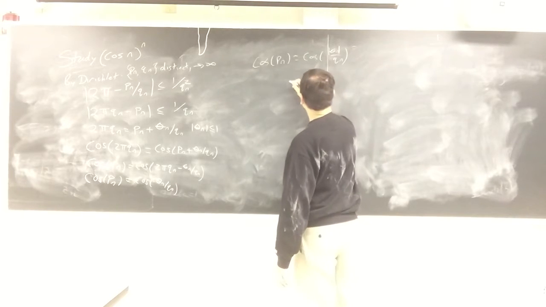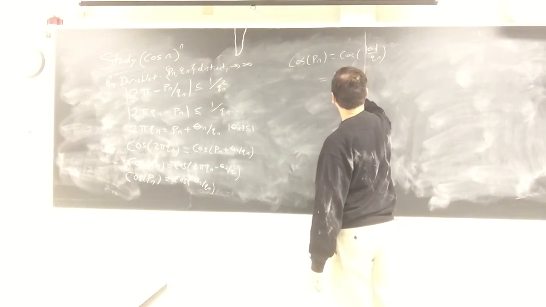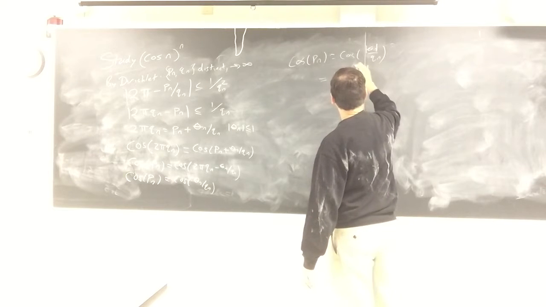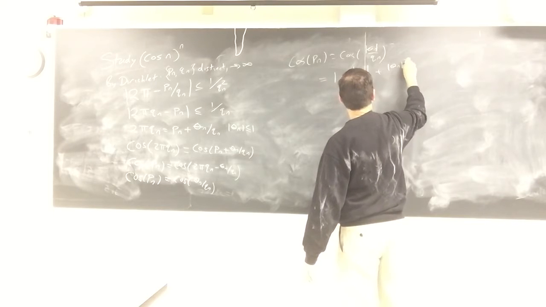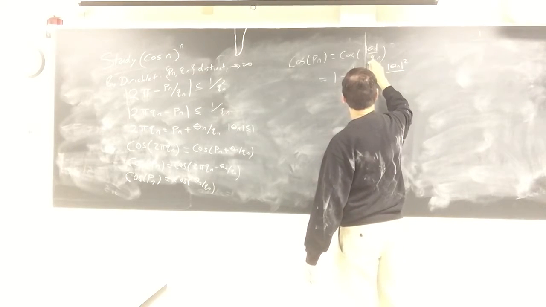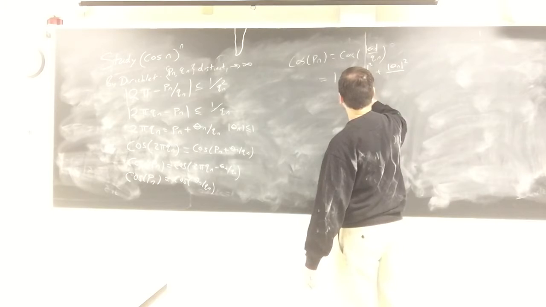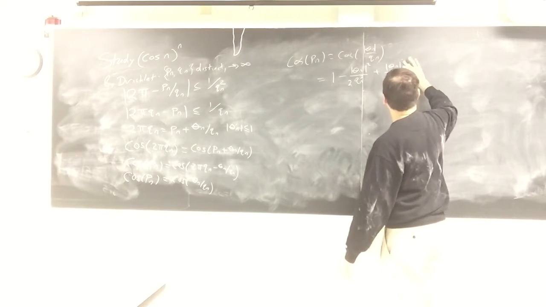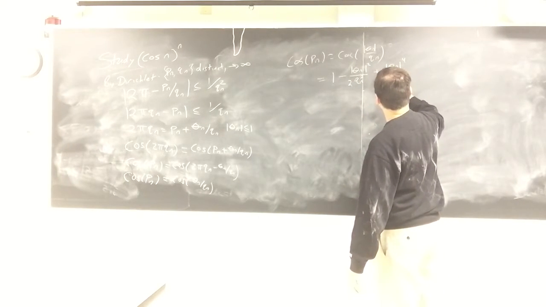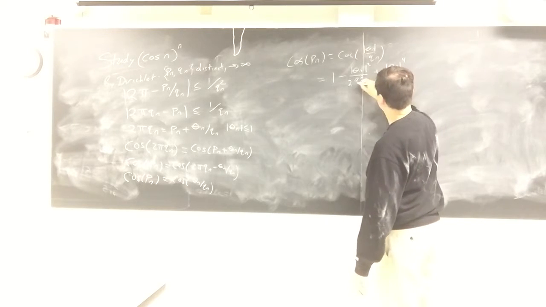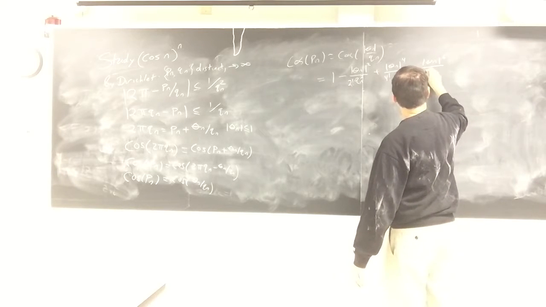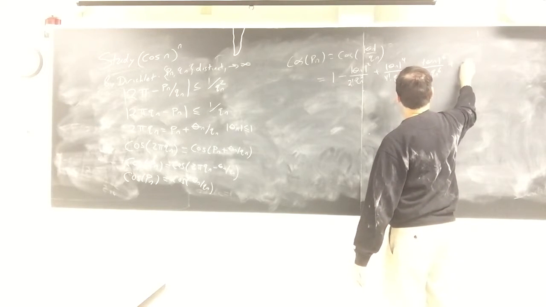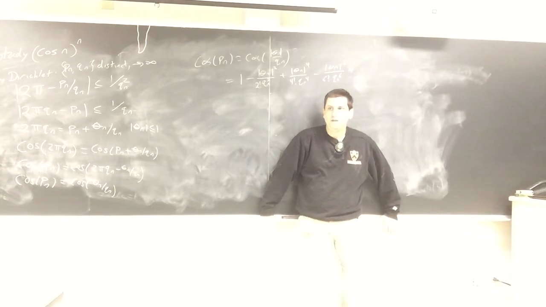And so now, let's just Taylor expand. It's 1 minus |theta n|squared over 2 factorial qn squared, plus theta n to the 4th over 4 factorial qn to the 4th, minus theta n to the 6th over 6 factorial qn to the 6th. Okay? So this is just expanding out cosine.